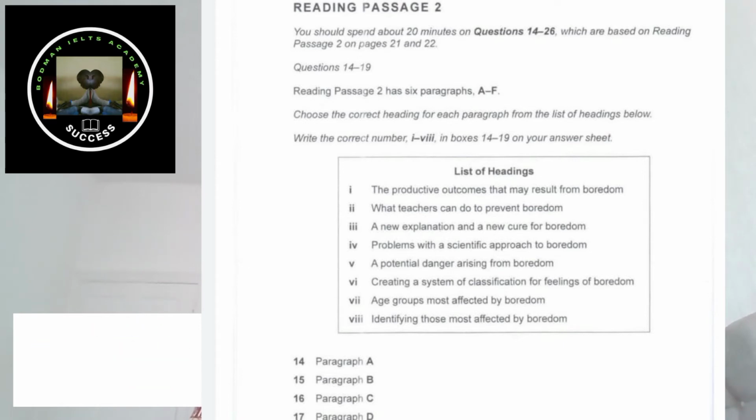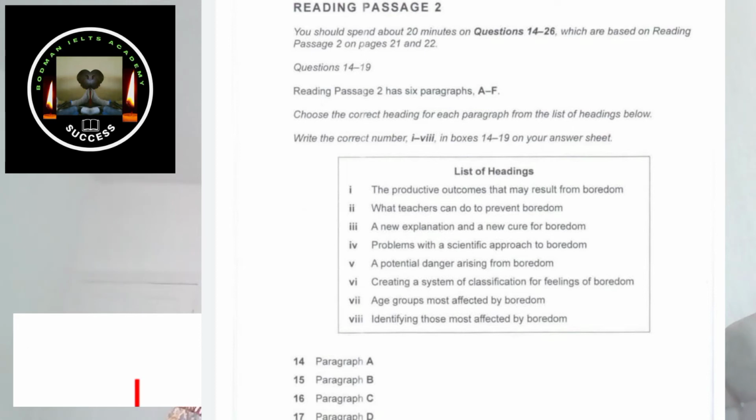What teachers can do to prevent boredom. They didn't talk about teachers at all and what they can do to prevent boredom. So that one is automatically ruled out. A new explanation and a new cure for boredom. I don't think we read anything about a cure for boredom in that paragraph. Problem with a scientific approach to boredom. I don't think that is related to that paragraph. A potential danger arising from boredom.